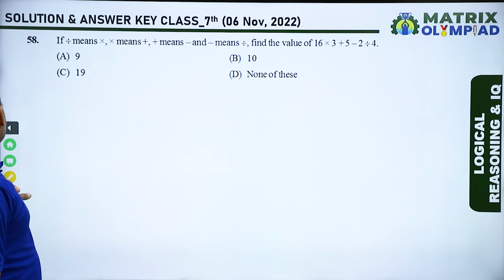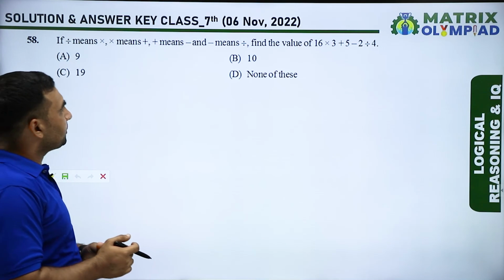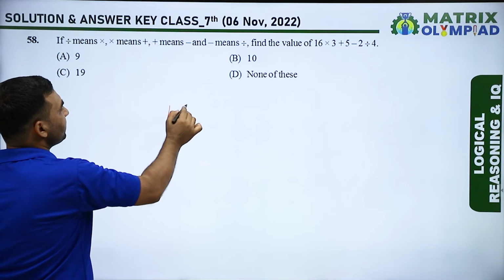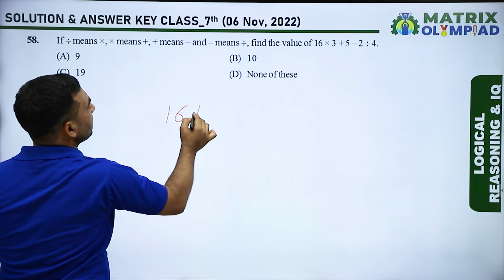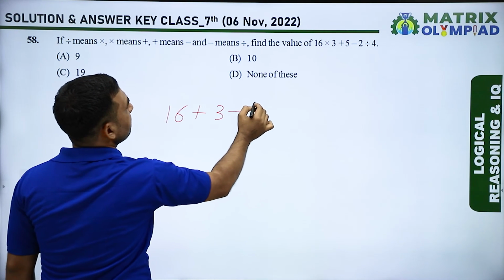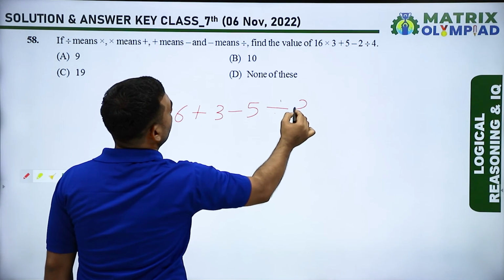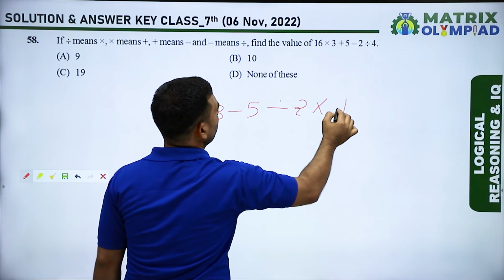Next question is, if divide means into, into means plus, plus means minus, and minus means divide, find the value of the equation. Into means plus 3, plus means minus 5, minus means divide 2, and divide means into 4.